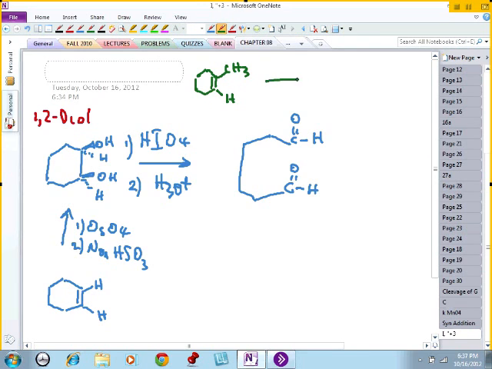Supposing we have this. Say step 1, osmium tetroxide. Step 2, sodium hydrogen sulfide. And then step 3, we add the iodic acid.